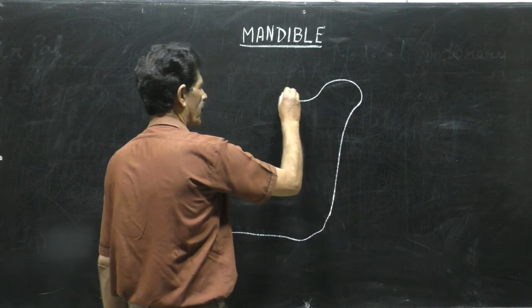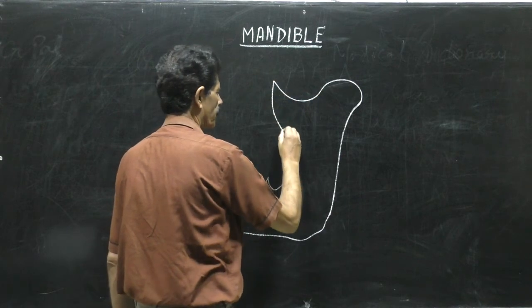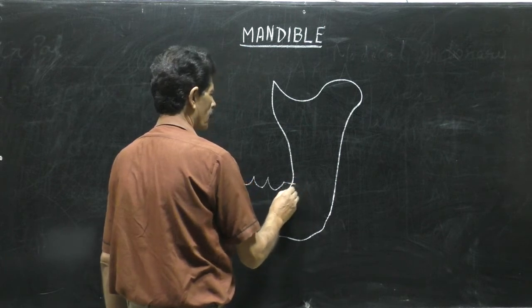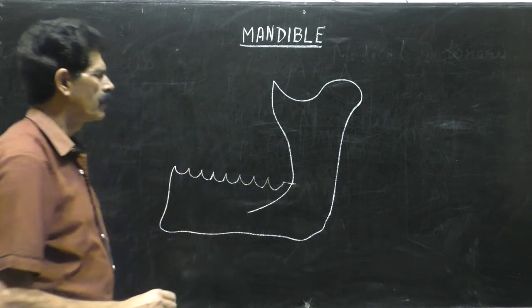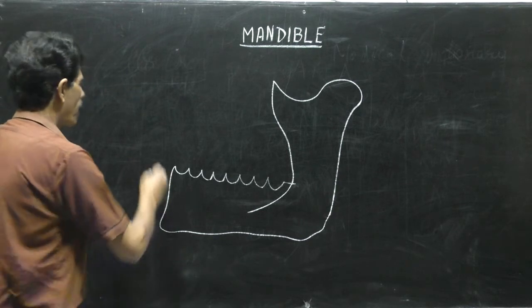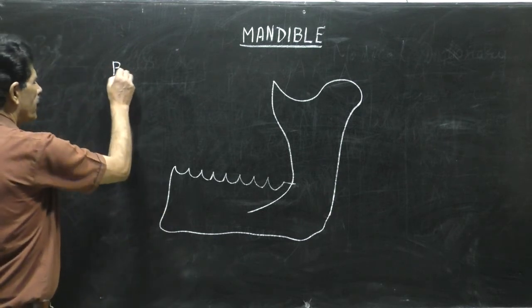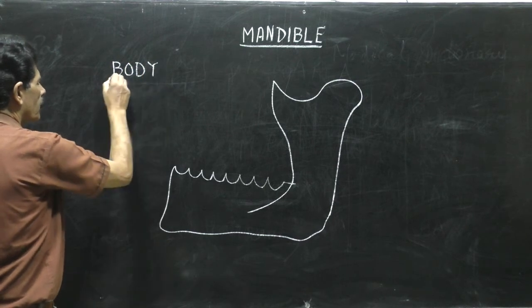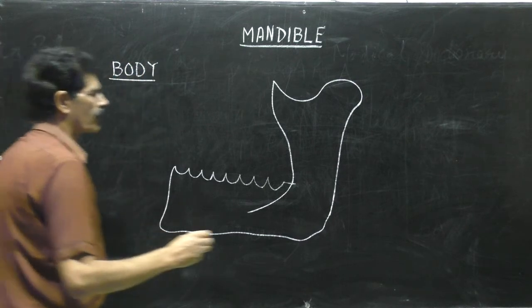The word ramus we have taken from the branch of a tree. So the body and the ramus are the two parts of the mandible.